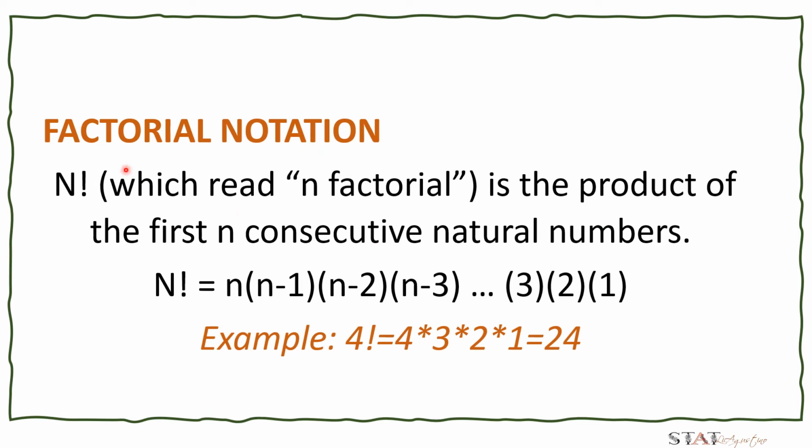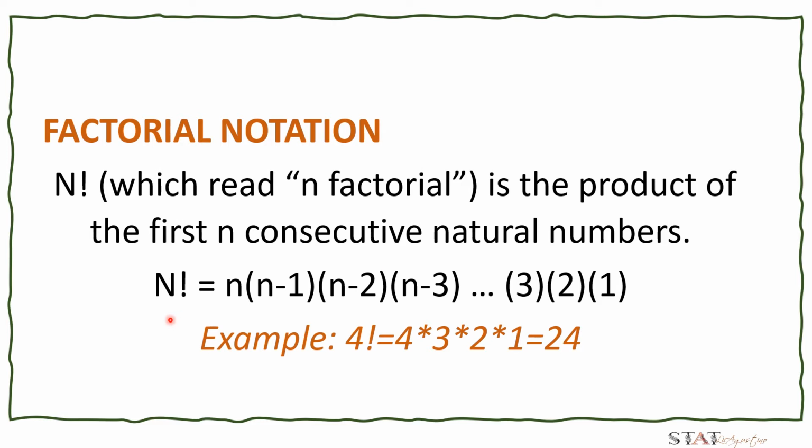And then another one is factorial notation. It can be written as small n followed by an exclamation point, or big N, which is read in statistics or in mathematics as n factorial. It is the product of the first n consecutive natural numbers.